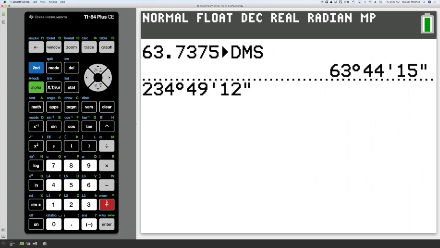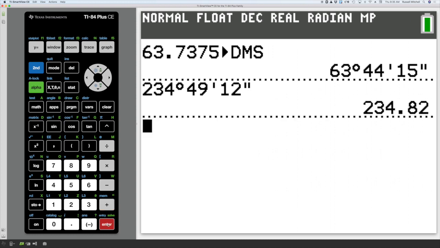And then all you have to do is press enter, and it will convert this degrees, minutes, seconds into degree decimal, okay? And just press enter, and there we have it. So 234 degrees, 49 minutes, 12 seconds is equivalent to 234.82 degrees, okay? So we'll go back and we'll write that on our paper, okay?